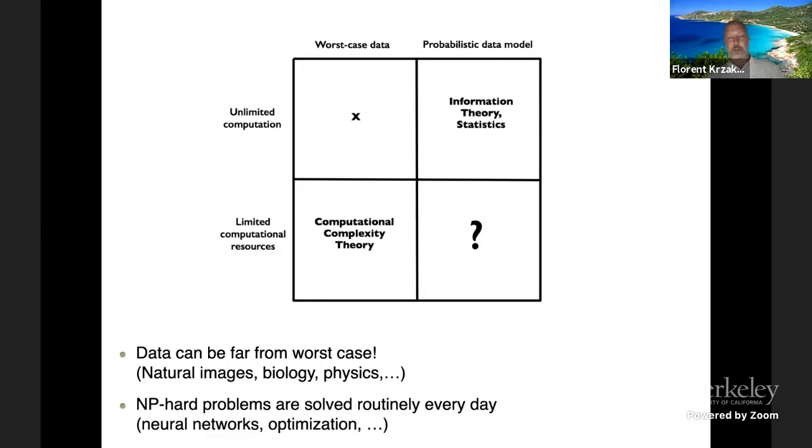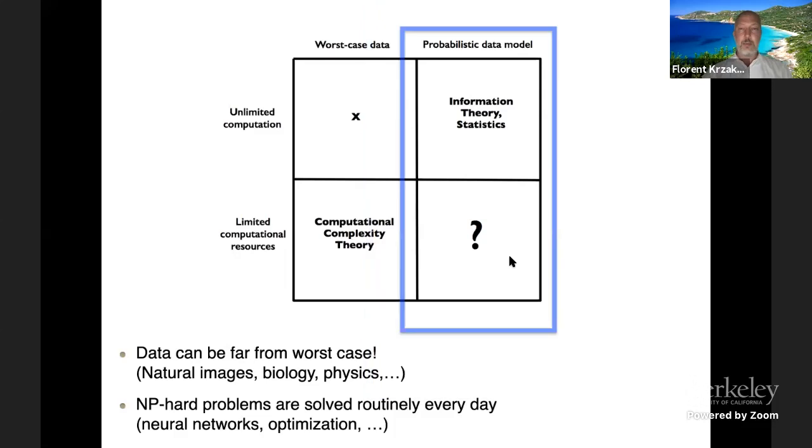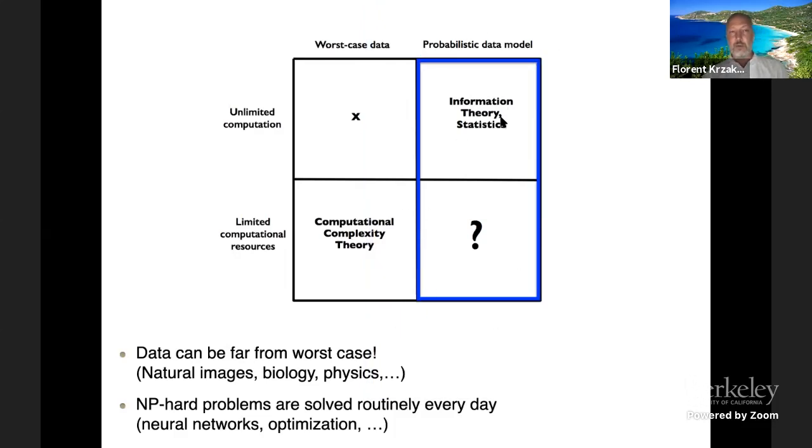Think neural networks, think optimization of coloring problems or that problem. So it's probably interesting to ask what is going on here. And this is what I will discuss today, in the limited view that emerged from this line of work. And more precisely, I will look at these two questions, right?